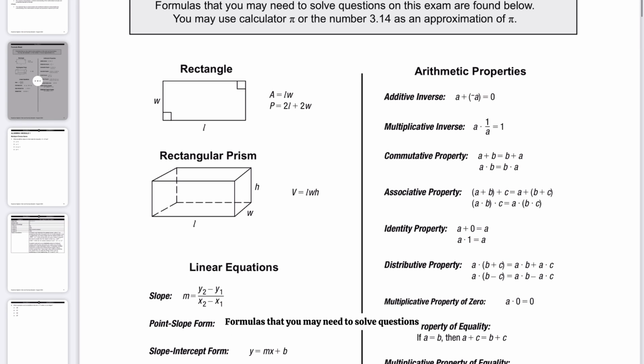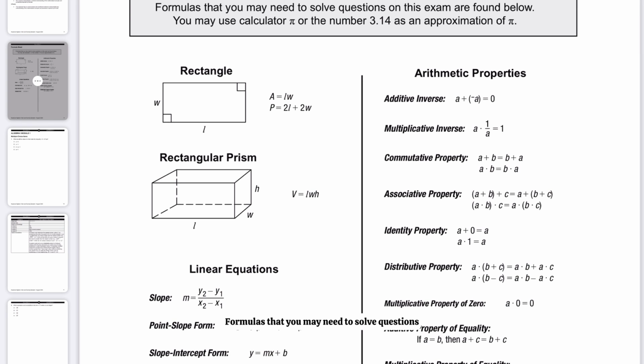Formulas that you may need to solve questions on this exam are found below. You may use a calculator, pi, or the 3.14 number as an approximation of pi. And then the additive inverse just means if you add an opposite number to itself, you get 0.